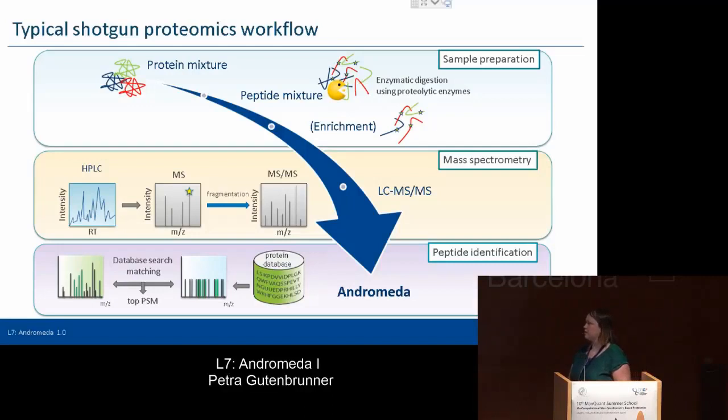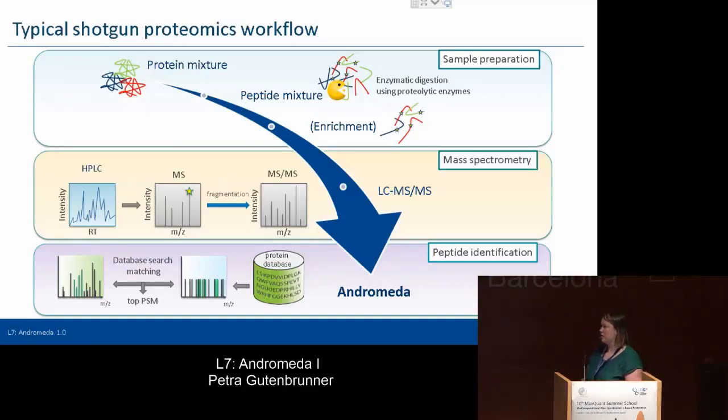And here to tandem mass spectrometry, which has the additional step of fragmenting a peptide based on the precursor ion to MSMS spectra. Then you have the resulting experimental MSMS spectra, and we want to identify those. This is done via database search. Quickly how it works: you have the experimental spectra, and you automatically generate theoretical spectra based on the protein database, and then you match those theoretical spectra against the experimental spectra.